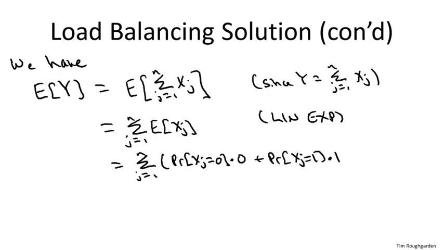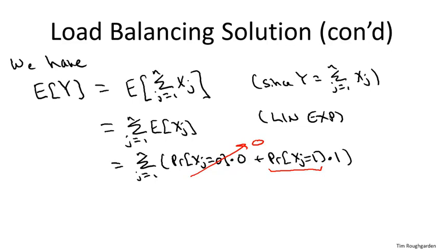Now, obviously, we get some happy cancellation happening here with the 0 part. And all we have to worry about is the probability that xj takes on the value 1. Okay, what was xj again? How do we define it? Remember, it's 1 exactly when the jth process gets assigned to the first server. How are processes assigned?